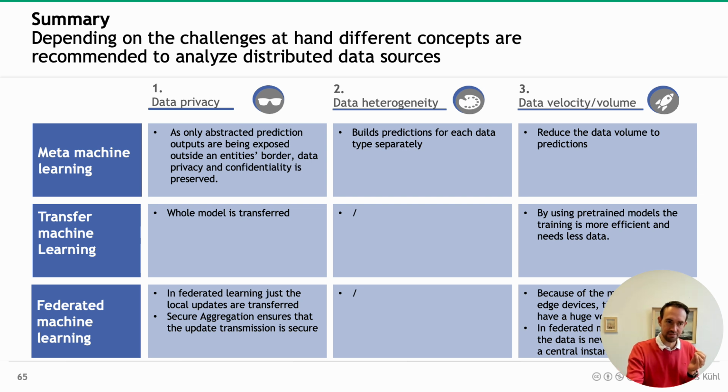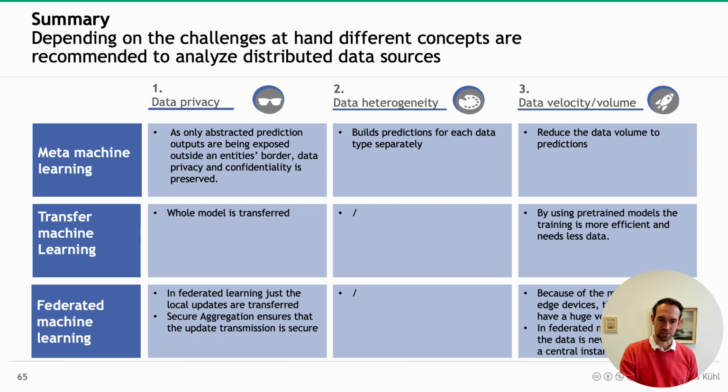Data heterogeneity, there's only one of our methods over here that really addresses that, and that is meta machine learning, which can deal with different data types, which we saw in the example of identifying user characteristics.